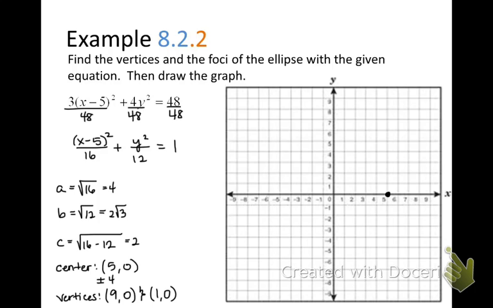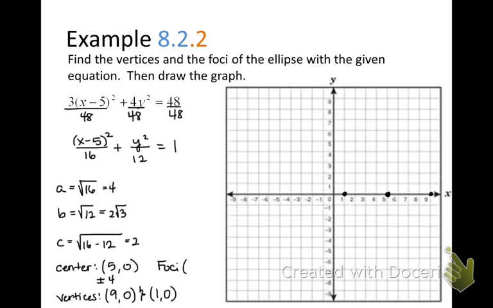Okay. 1, 0, and what did I say? 9, 0. All right. And then I also needed to list out my foci, right? So my foci are still going to be on that same axis.